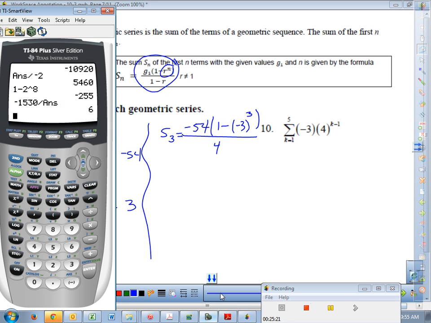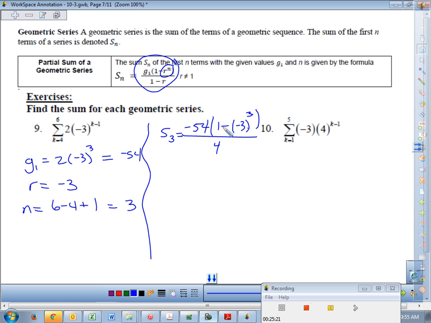Now, some of you are going to get lucky here because you kind of punched it in wrong but still got the right answer. But it's 1 minus negative 3 to the third. I want that right there. I'll bet we get 28 out of that situation, right? Because negative 3 to the third is negative 27.